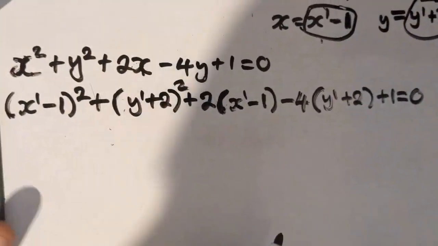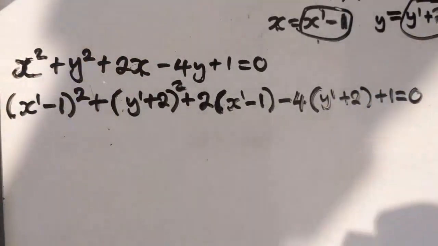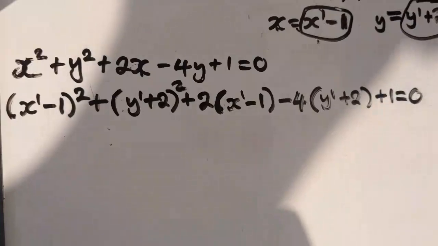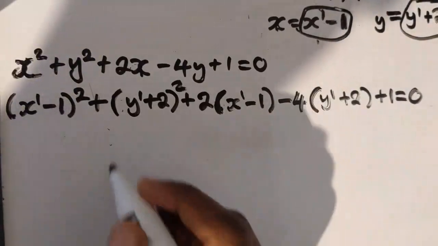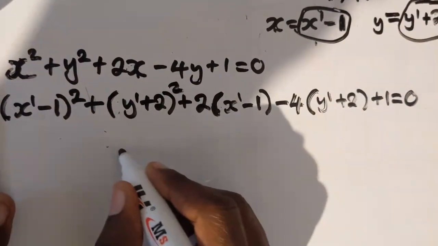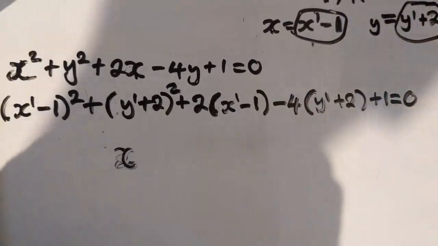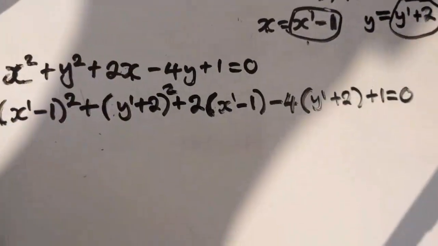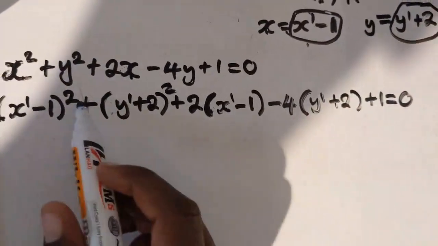So now I want to teach you something, the shortest formula to use. I want to teach you the shortest formula to expand this. When you have something like, let's take it for instance, you have x plus 2 squared. Pay attention to this shortest formula of how you can expand something like this.